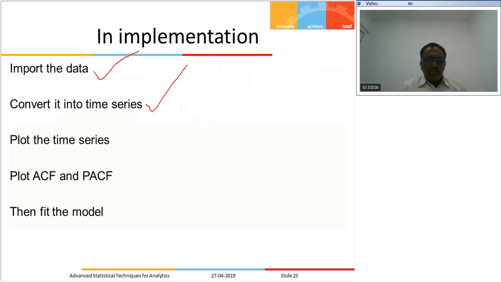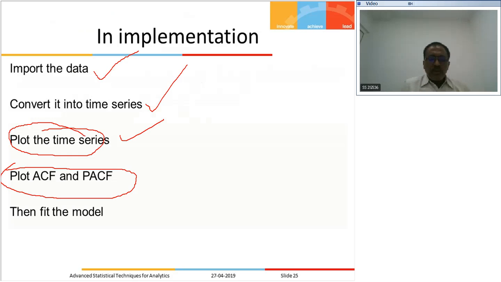This plotting helps us get an initial understanding of the data, that is, whether it follows stationarity or non-stationarity. Then plot ACF as well as PACF, that is autocorrelation function and partial autocorrelation function.